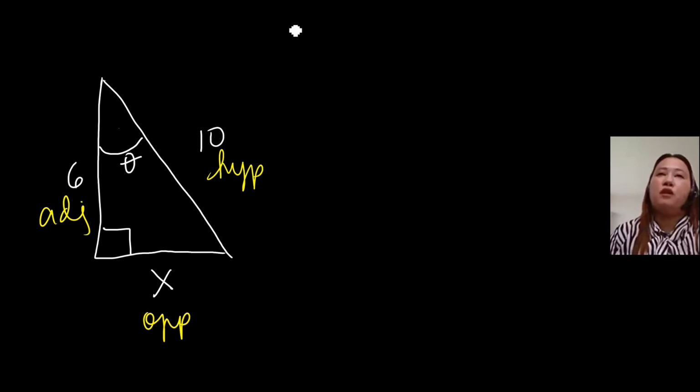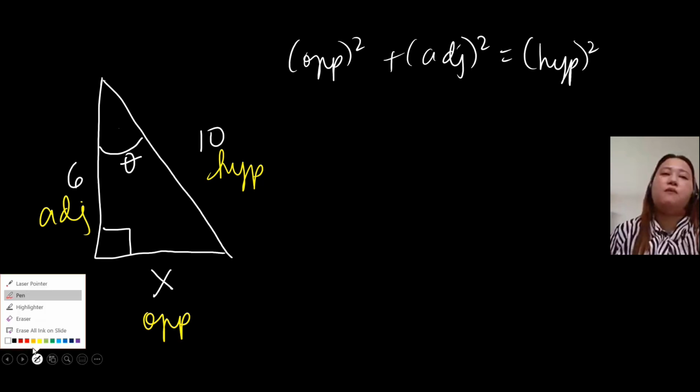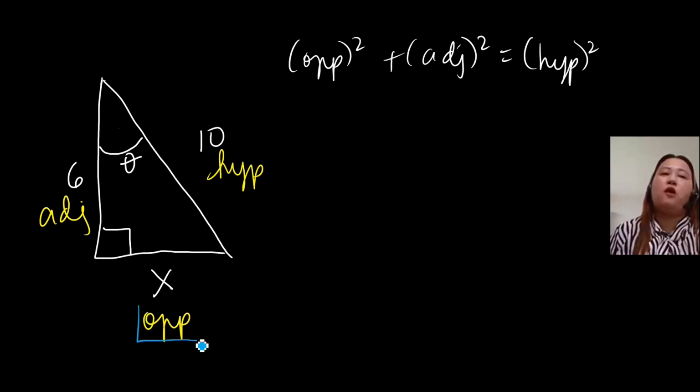For our formula, remember we have opposite squared plus adjacent squared equals hypotenuse squared. In our problem, what we need is opposite alone. So we need to get rid of the adjacent squared by transferring it to the other side, as well as the square, the power of the opposite.